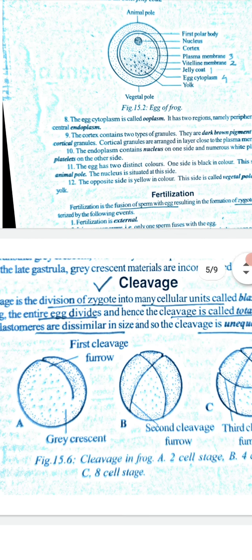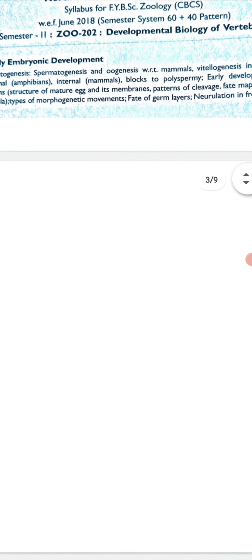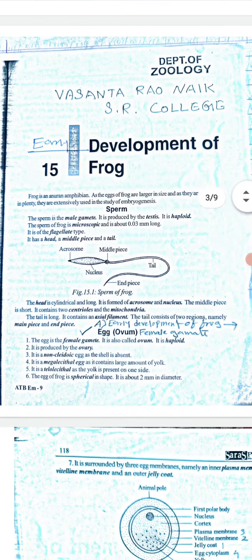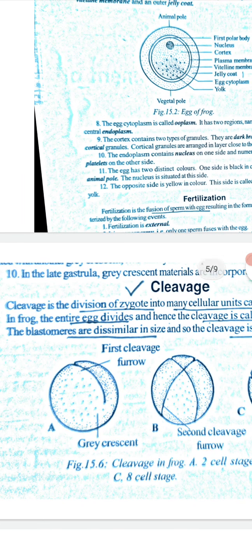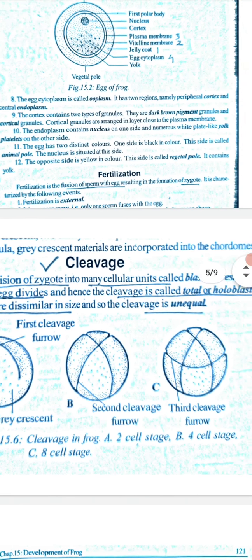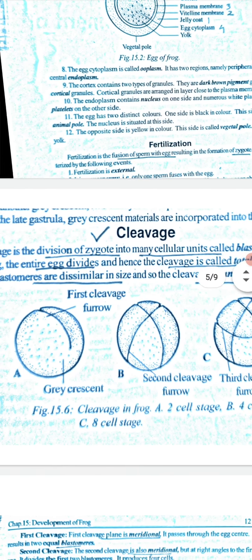The zygote is divided into many cells. It is called cleavage. Cleavage is the division of the zygote into many cellular units called blastomeres.